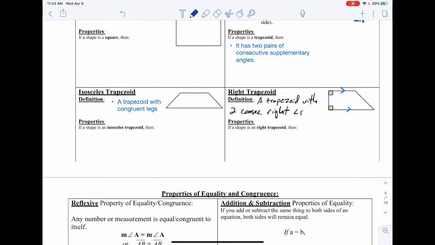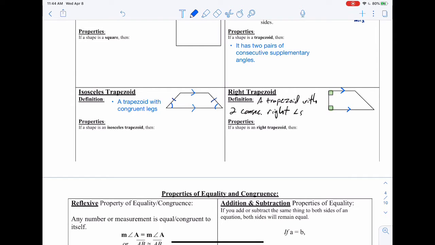So if those legs are congruent, and it is a trapezoid, and by the definition of a trapezoid, it has one pair of parallel sides. If you completed problem 7-106, you saw that this was essentially a section of an isosceles triangle. And so if it's an isosceles triangle, those base angles are congruent.